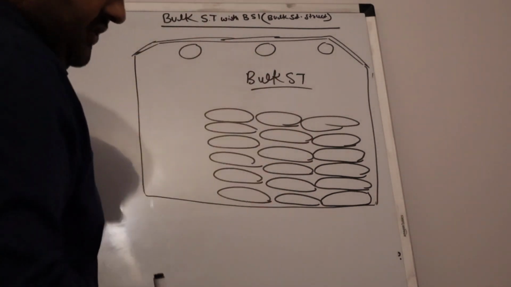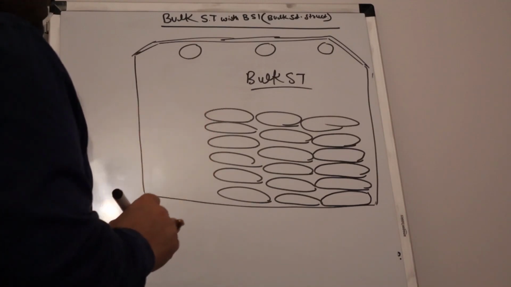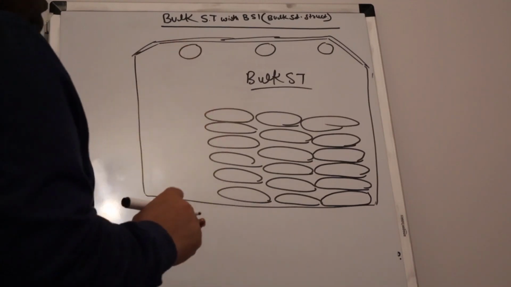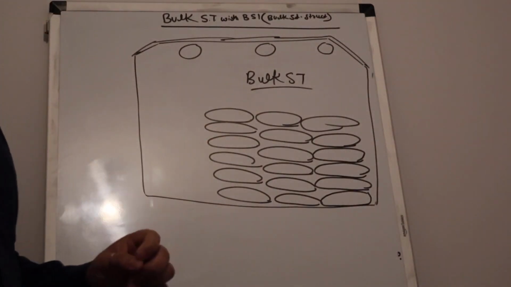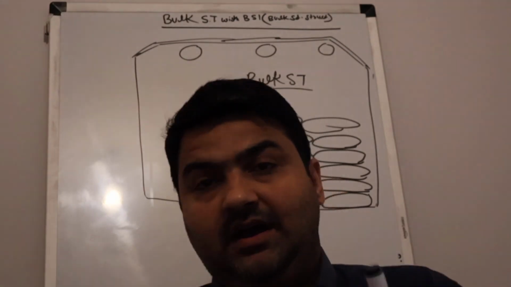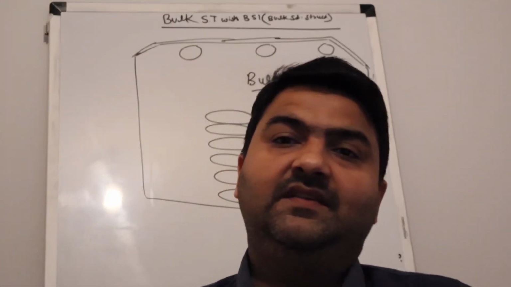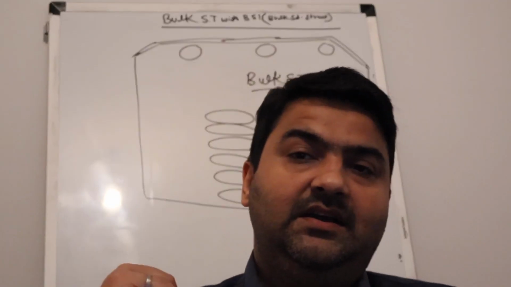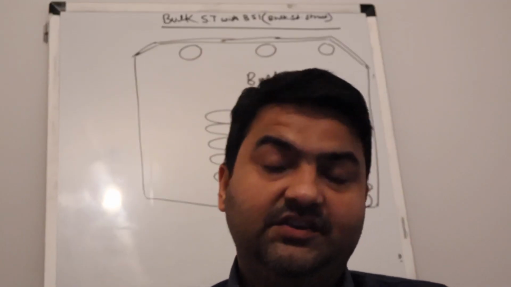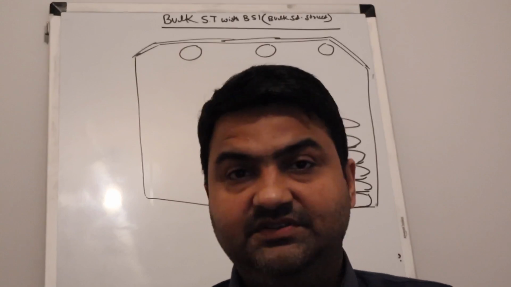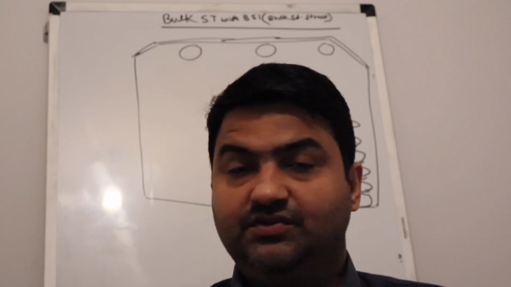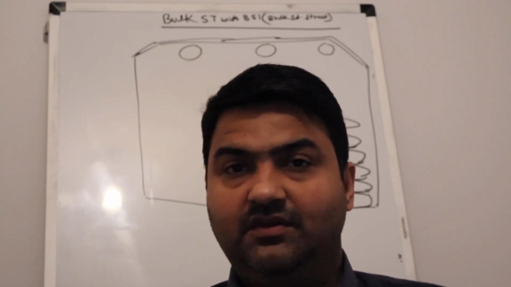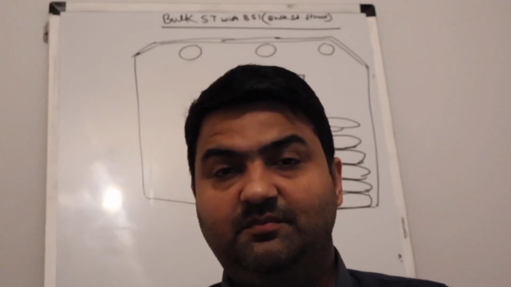In the configuration we use one technique, one concept, which is the bulk storage structure, with the bulk storage indicator. In the configuration, when we define a storage type, we have different kinds of options: bulk storage, hierarchy storage, pallet storage, open storage type, fast moving, slow moving, depending on the business.